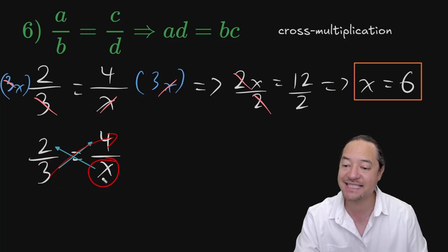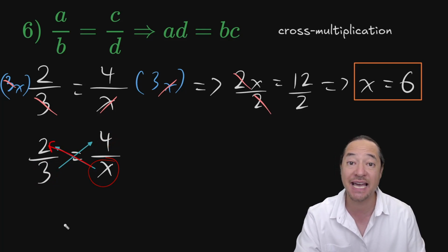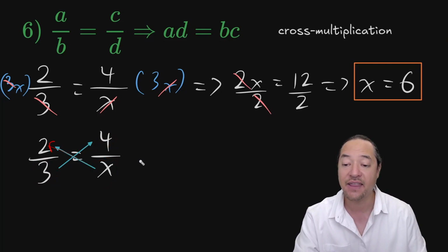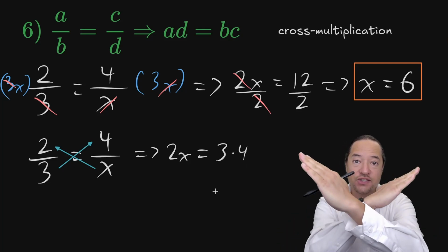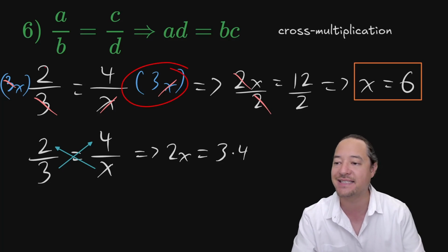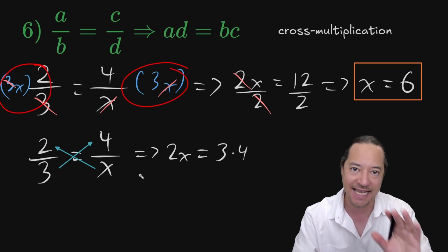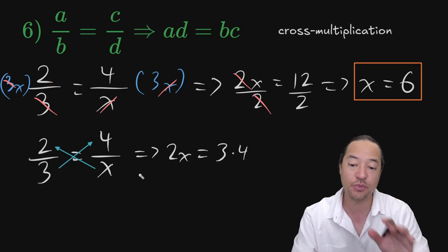We take this x and cross it over and multiply it by that numerator over there. And that is how we get 2x is equal to 3 times 4, which is 12. I'll just write it as 3 times 4. So we've cross multiplied just like that. It's a shortcut way of doing this. It's actually the exact same thing. It's just a shortcut. So cross multiplication is going to be our friend.